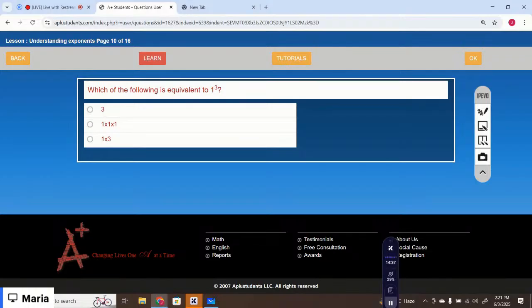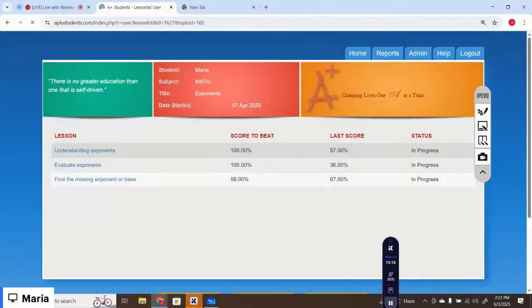Which of the following is equivalent to 1 exponent 3? 1 exponent 3 means, very good, that is option number 2, 1 times 1 times 1. Okay, we can complete the lesson by yourself later today.